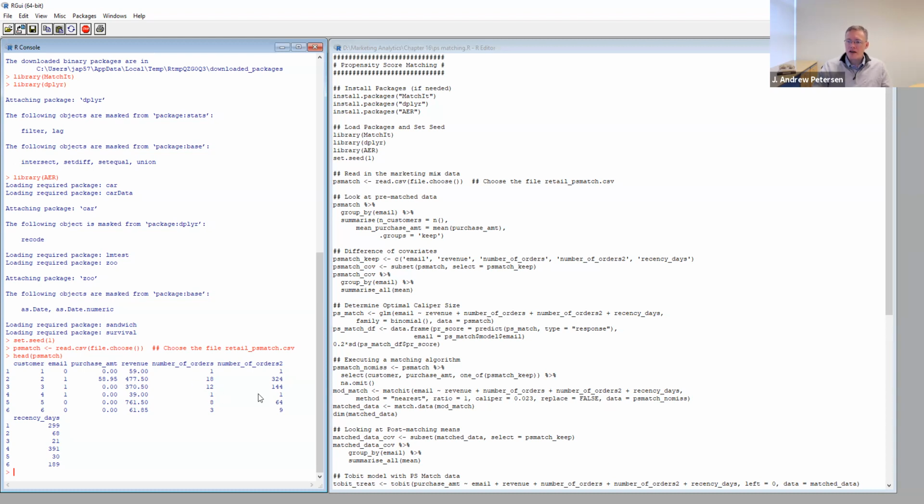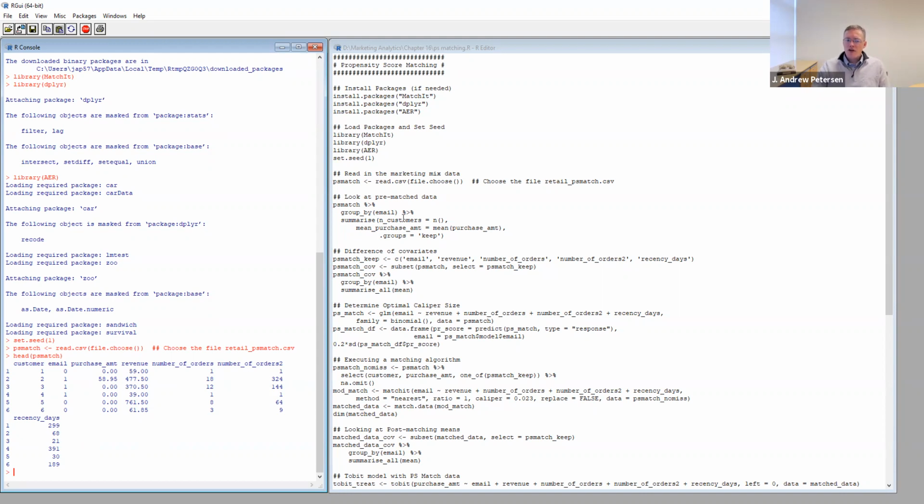If you remember back to our chapter where we talked about RFM models and logistic regression, we said in logistic regression, frequency and frequency squared are often useful. And then lastly, how many days since their last order? So this is the data we have for about 27,000 customers.